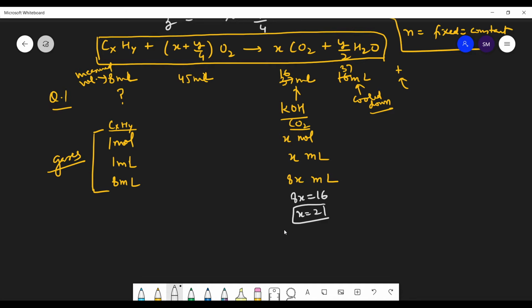So now the contraction in volume on cooling for 8 ml of hydrocarbon. What will be the volume?